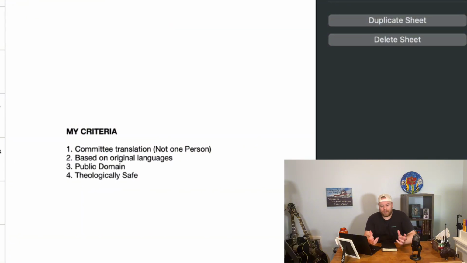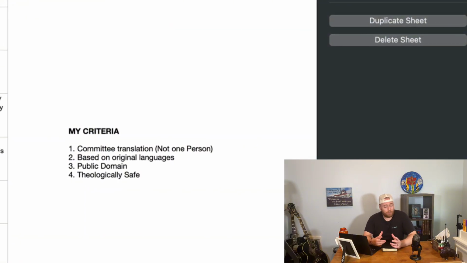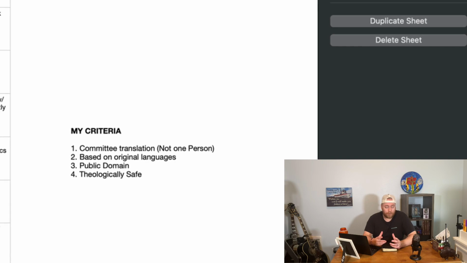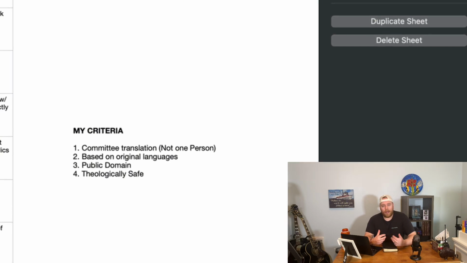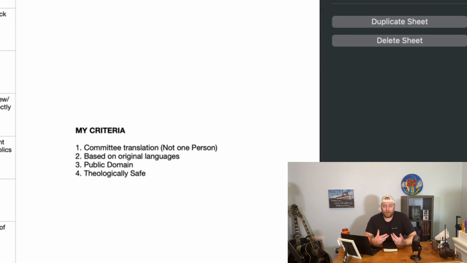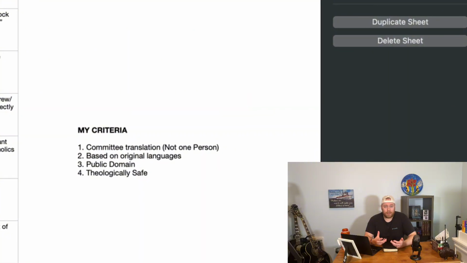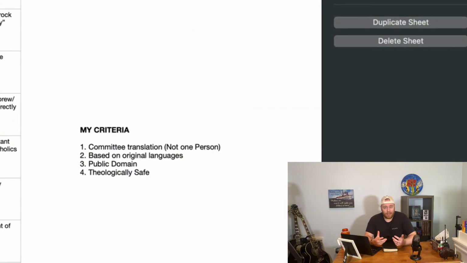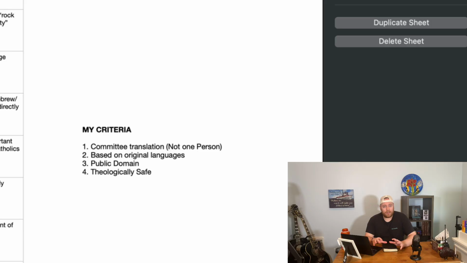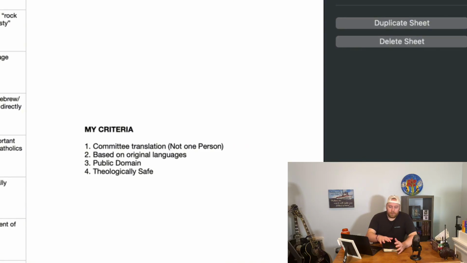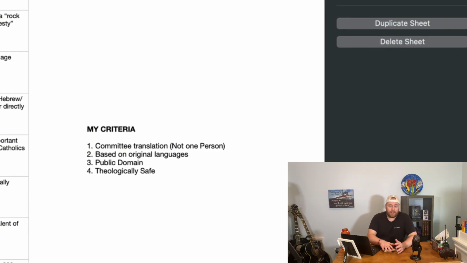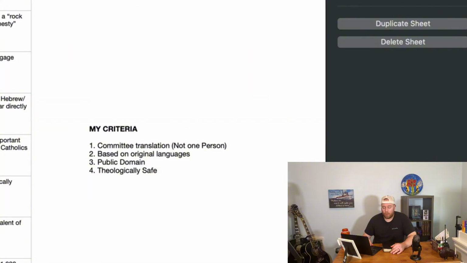And so if there is a team of scholars, and I prefer actual biblical scholars and linguists who know what they're doing, they understand the original languages, and they are working as a team to help remove any bias and translate the word faithfully and correctly. So that is criteria number 1.